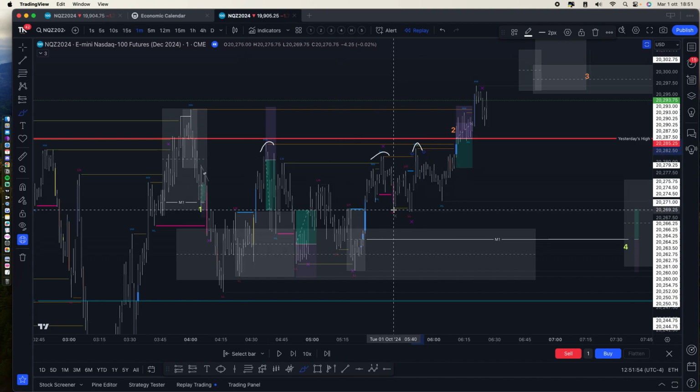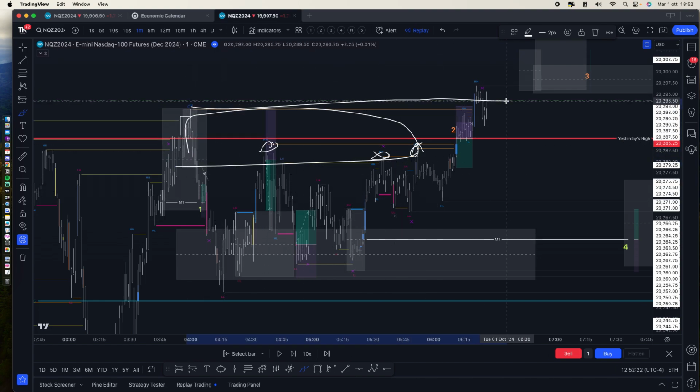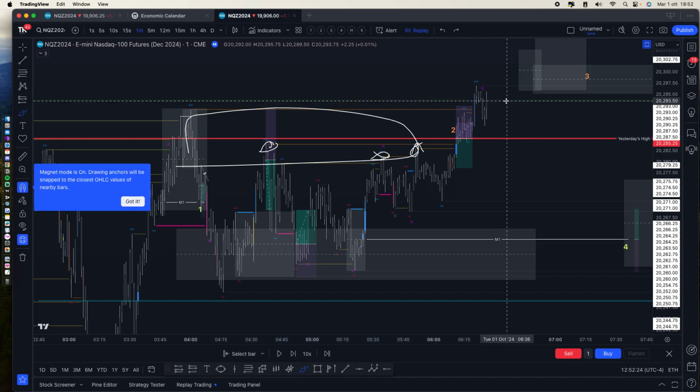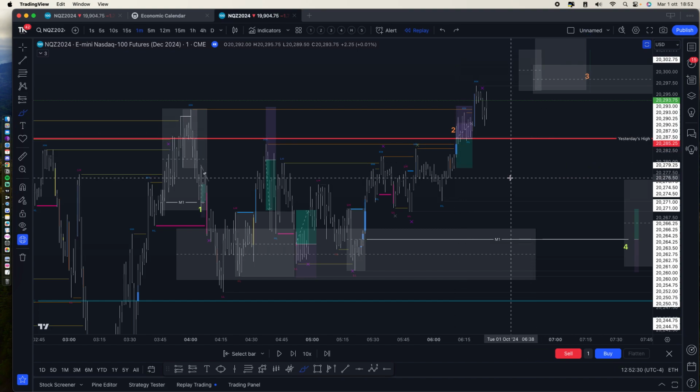I should not take this trade, just because we have 1, 2, 3 tests of the same zone. Once price is testing the same zone again, it means that probably it wants to break the zone itself. So, bad trade, this one.